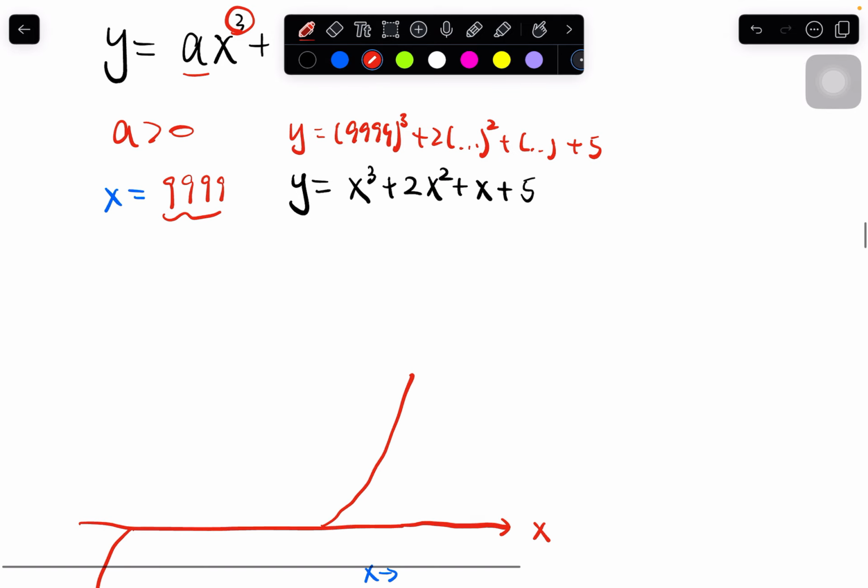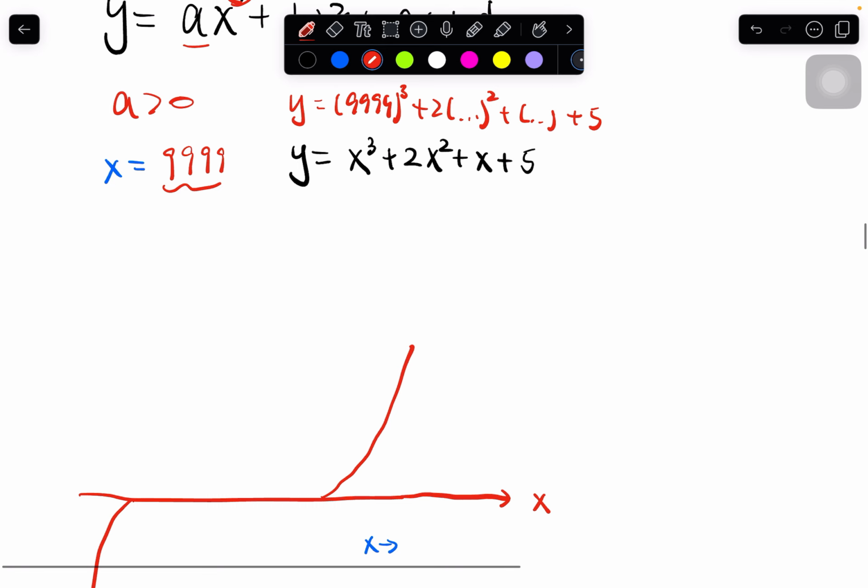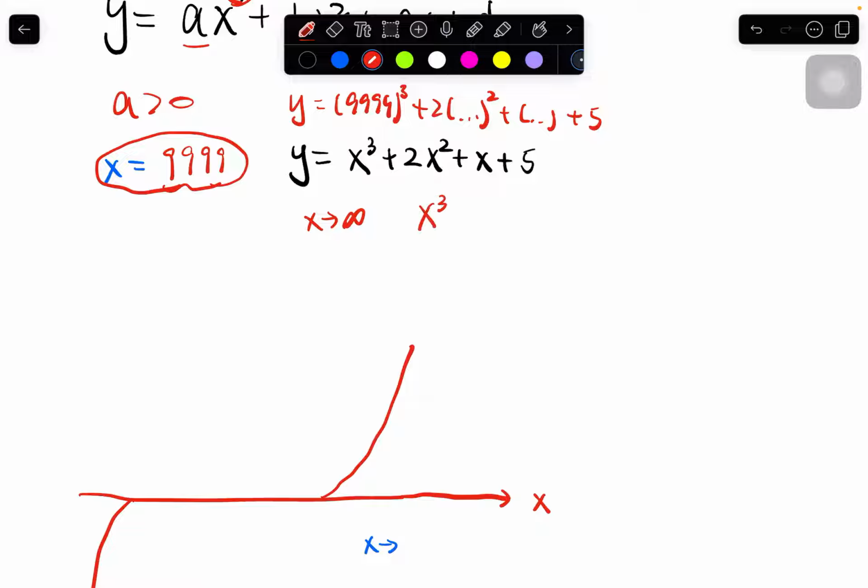Now you have to know something: when x is very big, let's say x tends to infinity, that's the math way we talk about it. I'm afraid you may not know what infinity is, so I just give you a specific number. When x tends to infinity, or x is a very big number, the x to the power 3 term is increasing very fast.